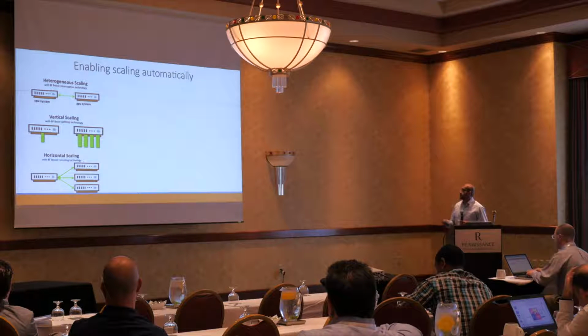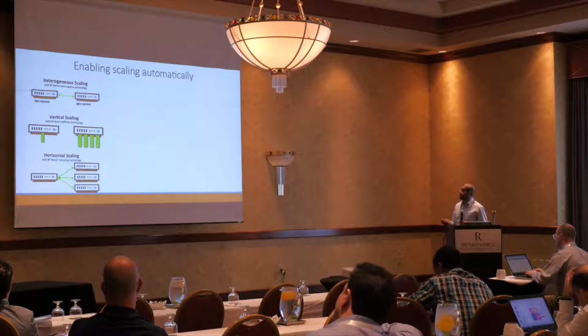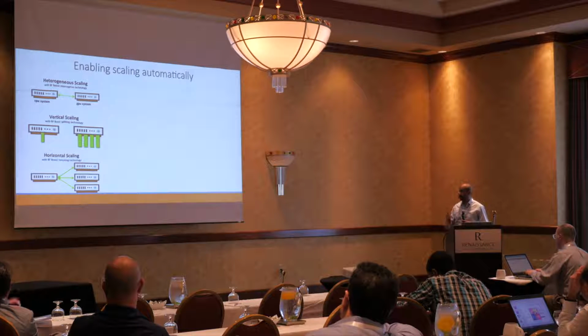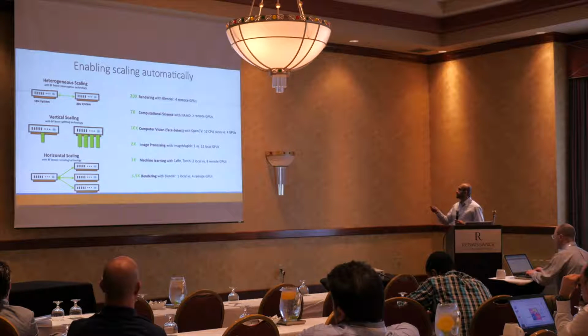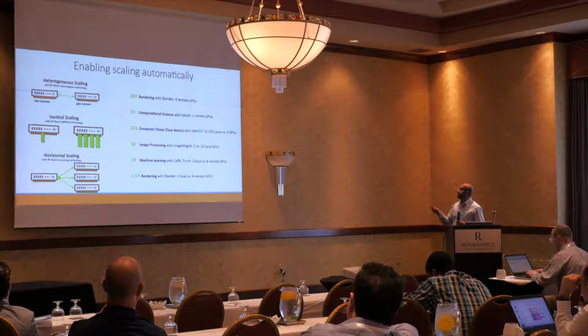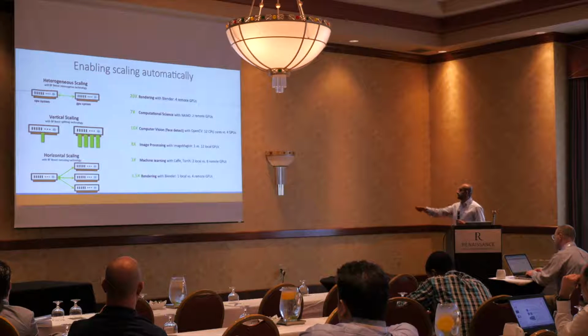And then horizontal scaling or scale out, taking advantage of all the GPUs in all remote systems. So we've enabled all of this, and we tried this across different applications, and we've had pretty good success across rendering, computational science, computer vision, image processing, machine learning, going from 1 to 4 local GPUs, right?